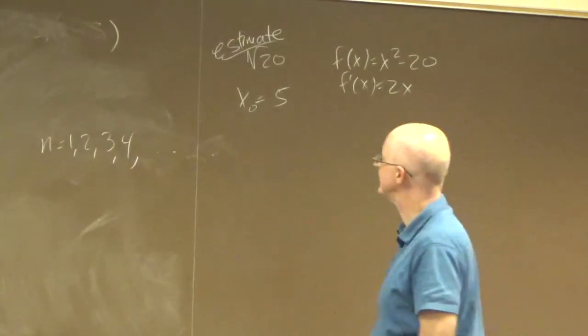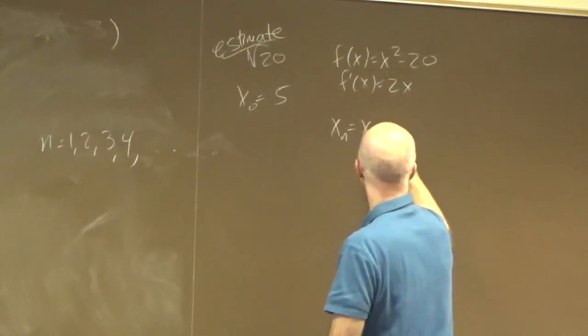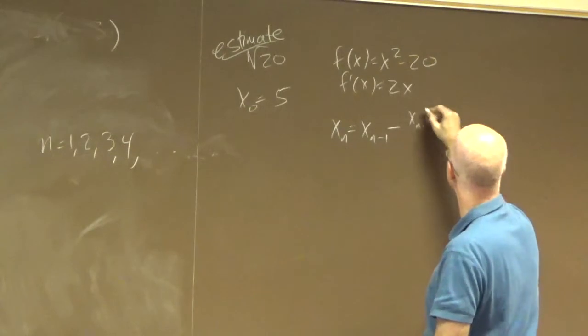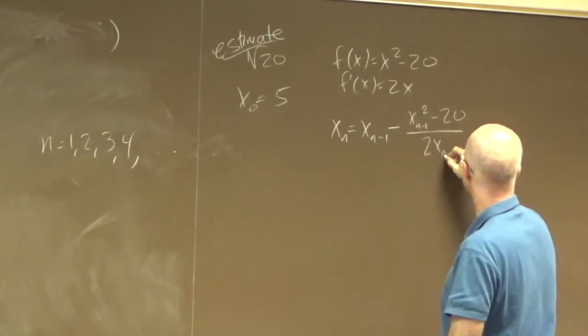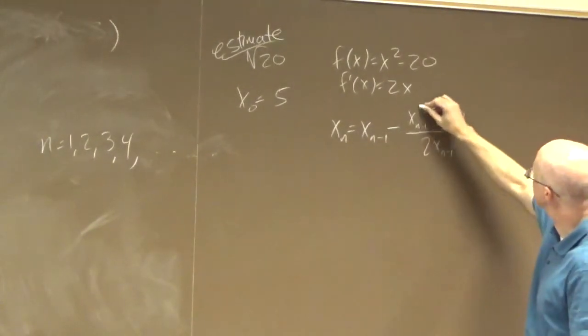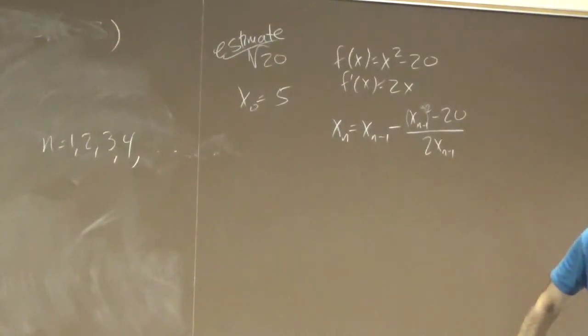The formula in this case simplifies to x sub n equals x sub n minus 1 minus this, and f prime of x sub n minus 1 is this. Realize when I write this here, this means x sub n minus 1 quantity squared.